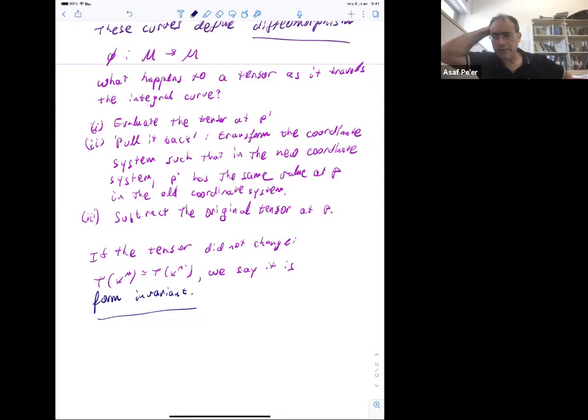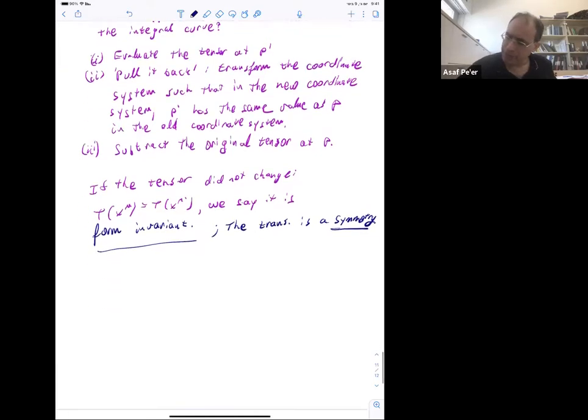Okay. And then we call this transformation a symmetry. Of course, we're not interested in any tensor, but we're interested in the metric tensor. So, the transformation of the metric tensor.